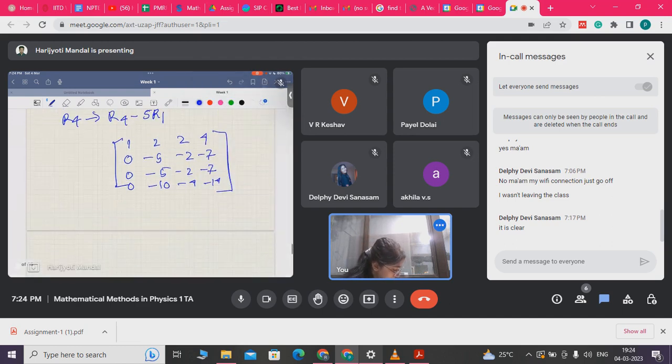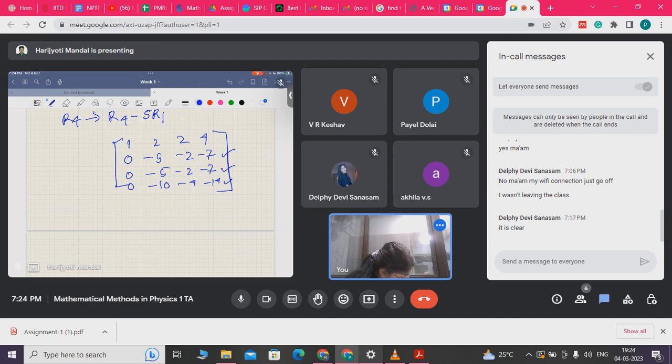0 minus 5 minus 2 minus 7. 0 minus 10 minus 4 minus 14. Now here you can see that this row and this row are the same, and this row is double of that.